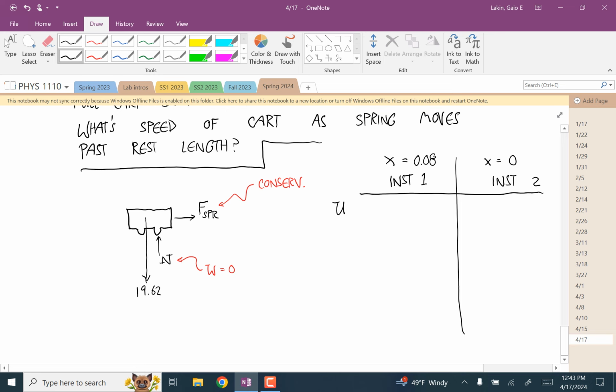So our gravitational potential energy is 2 times 9.81 times a height of 0, and that's 0. Next, we'll do the spring potential energy.